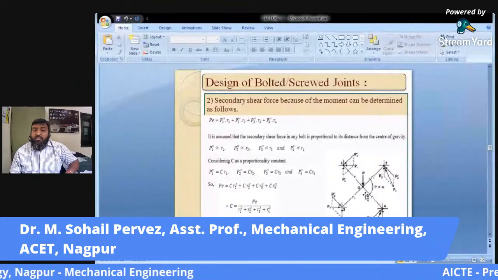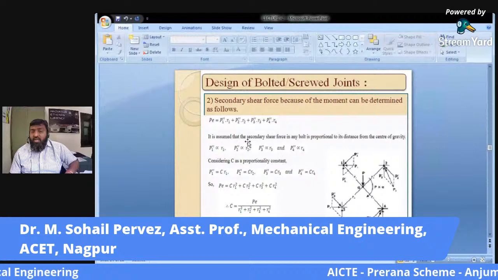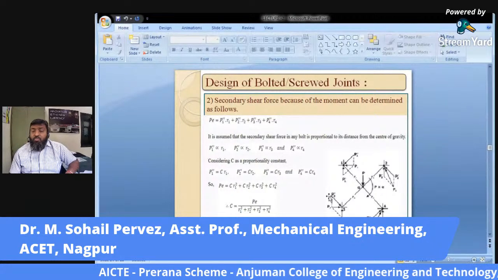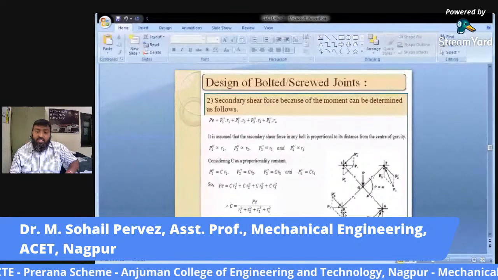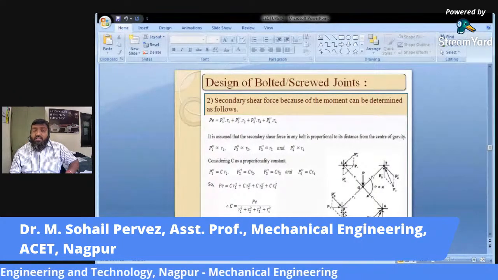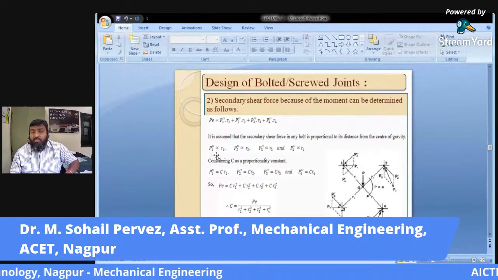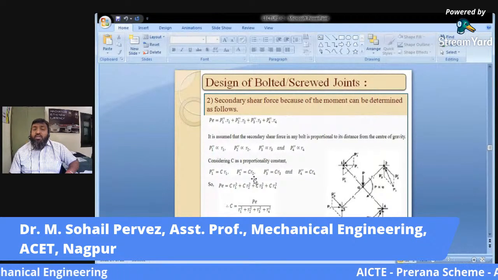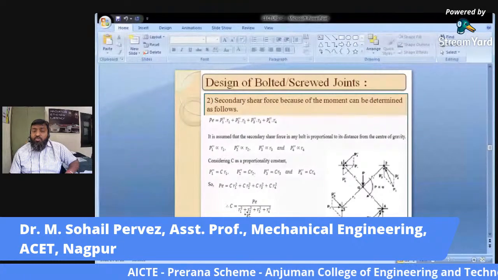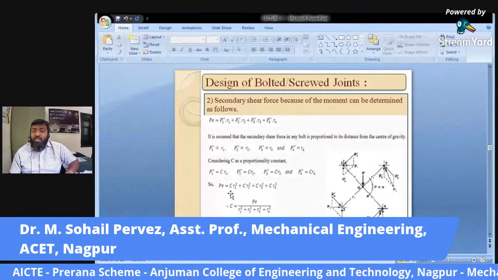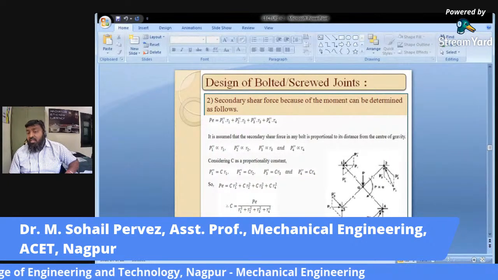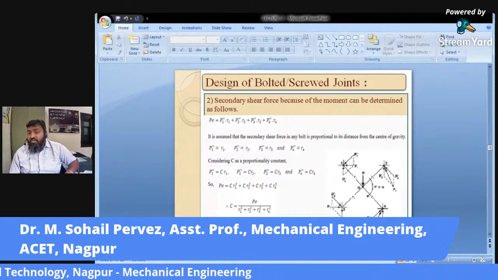And P1 double dash, P2 double dash, P3 double dash and P4 double dash are the secondary shear forces, which are proportional to their distances from the CG, and thus P1 double dash is directly proportional to R1. We will introduce a constant of proportionality and calculate it as P into E upon the sum of the squares of distances from the CG of the system for rivets 1 to 4.